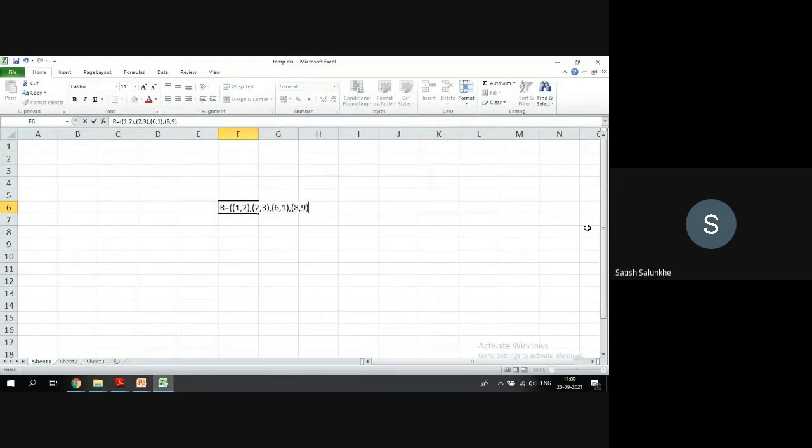Then let us say 5 comma 5. Okay. So can anybody tell me now what will be inverse of R?